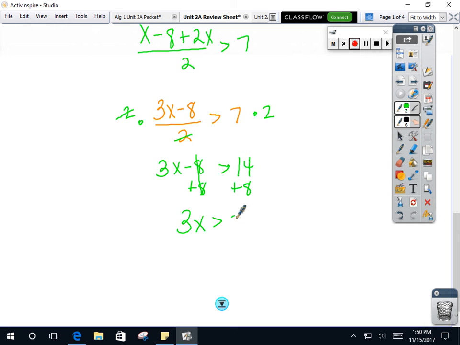Then you use the division property of equality, and you end up with x is greater than a decimal. It's going to be 7 point something. So x is greater than 7.33.